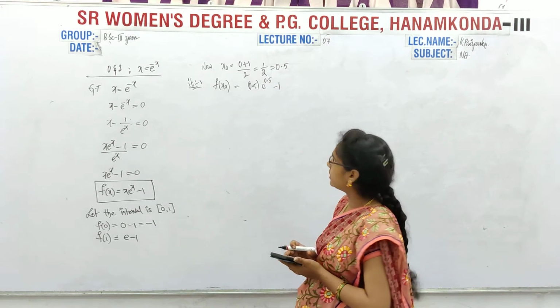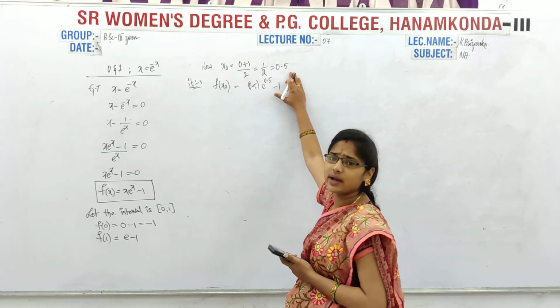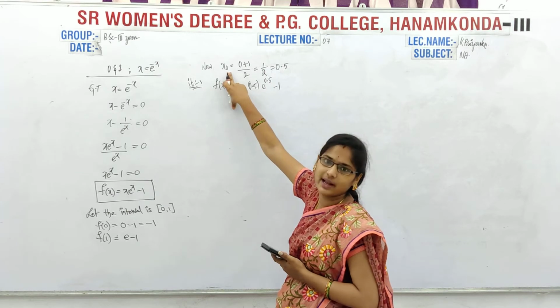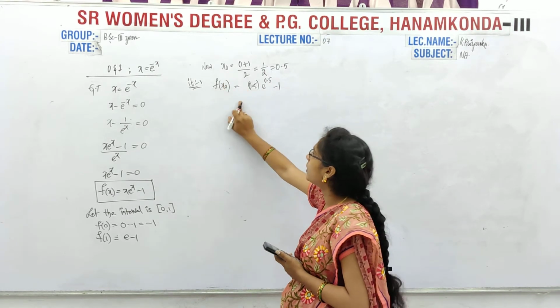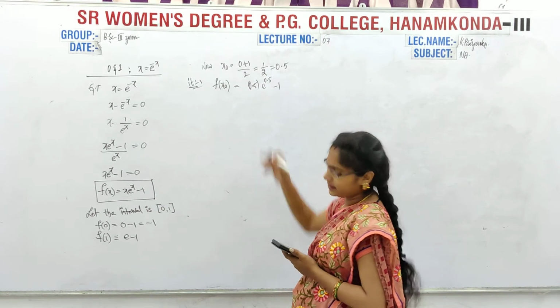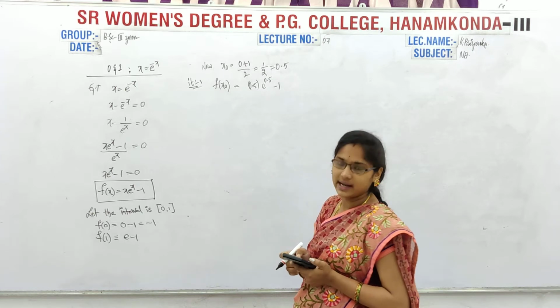If you are getting any confusion, then you can store the values with x1 also. There is no problem. Now here e power 0.5: e power means shift ln.